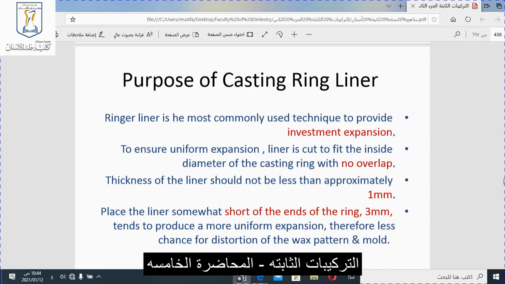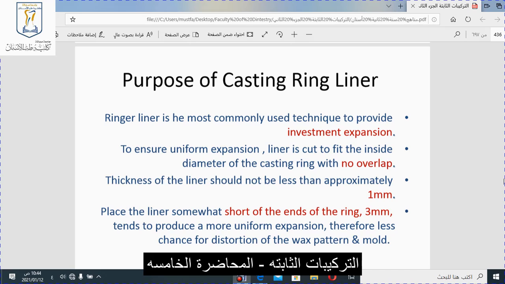The purpose of the cast liner is a commonly used technique to provide investment expansion, freedom of expansion, or hygroscopic expansion. The thickness should not be less than 1 millimeter, because it will be moistened with water to give access to hygroscopic expansion, and this gives the amount of expansion. If it is thinner, the expansion will sometimes not be enough, especially when using metallic rings. This is mandatory.